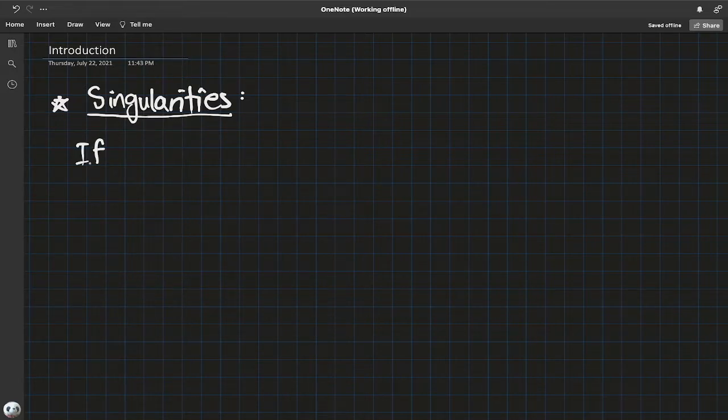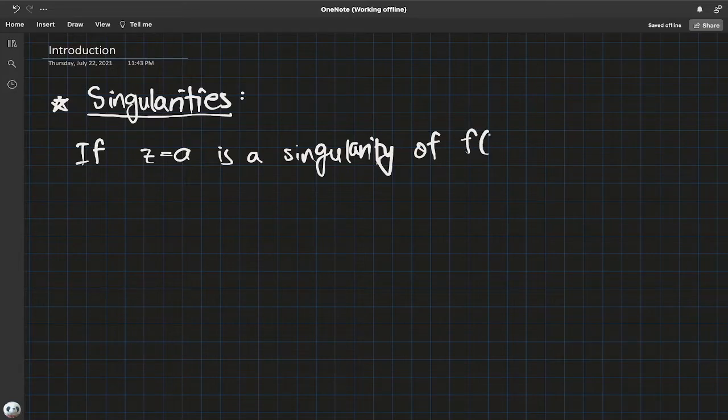Say z is equal to a point on the complex plane, and that is a singularity of the function f of z.